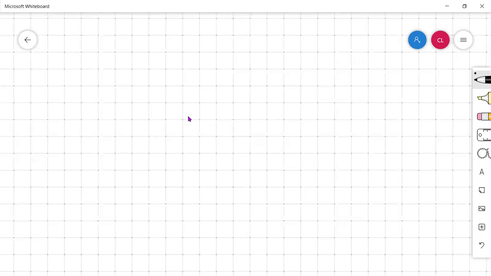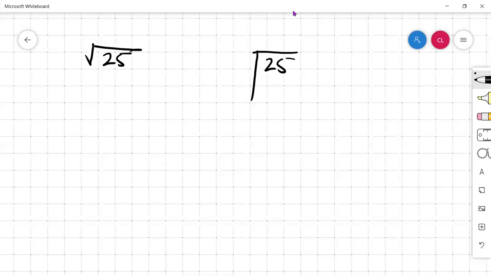Let's use 25. If they ask us to find the square root of 25, and this will work with what they call perfect squares, okay? So if we factorize 25, what can go into 25? 5 can go in there. 5 into this, 1.